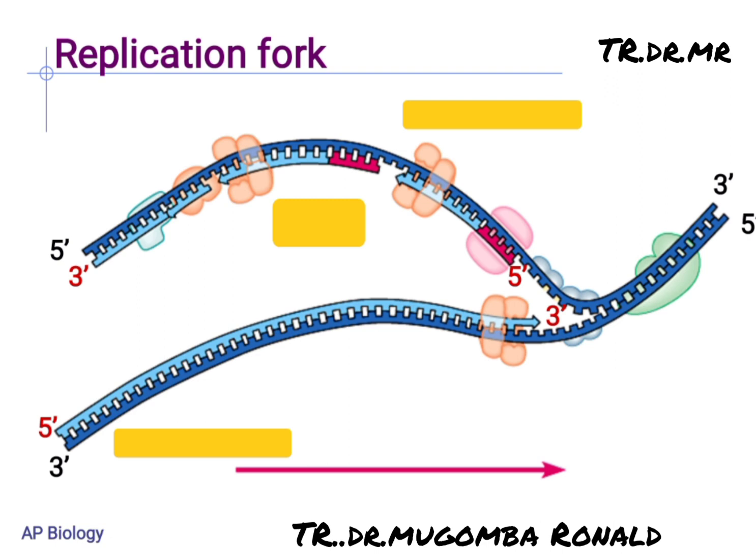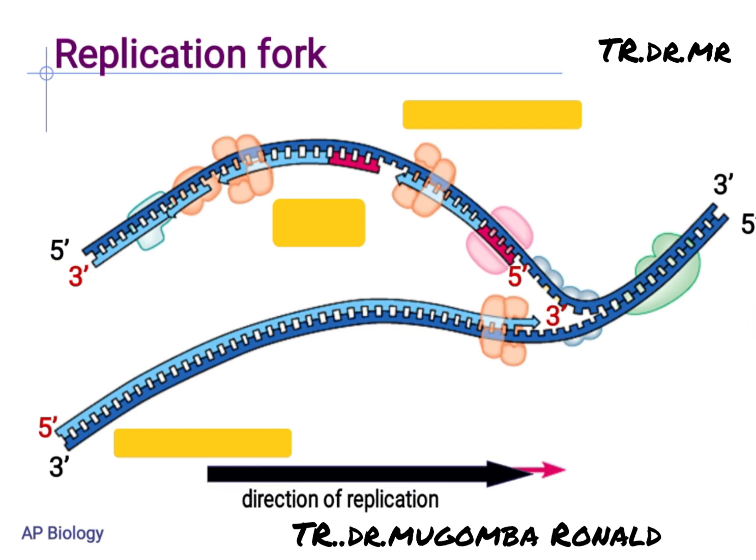Okay, so we can now have a recap. As we conclude, we can have a recap of what we have been looking at. We started with the direction. DNA polymerase reads in the 3' to 5' direction. After reading, it synthesizes new DNA in the 5' to 3' direction. Helicase opens up the DNA double helix.